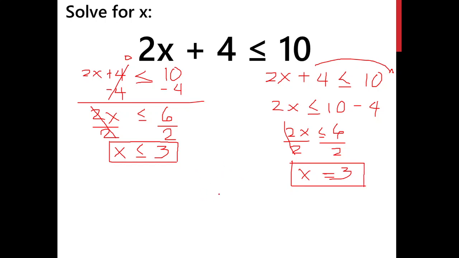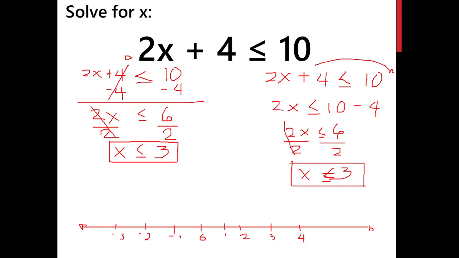And plotting this one in the number line, remember the symbol being used is less than or equal to, so we use the closed circle. So we have 1, 2, 3, 4, and then you have your negative integers here. So x is less than or equal to 3.